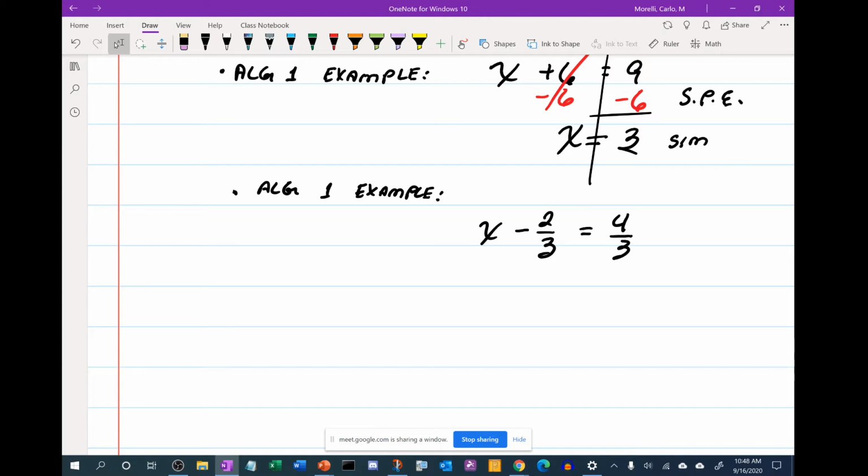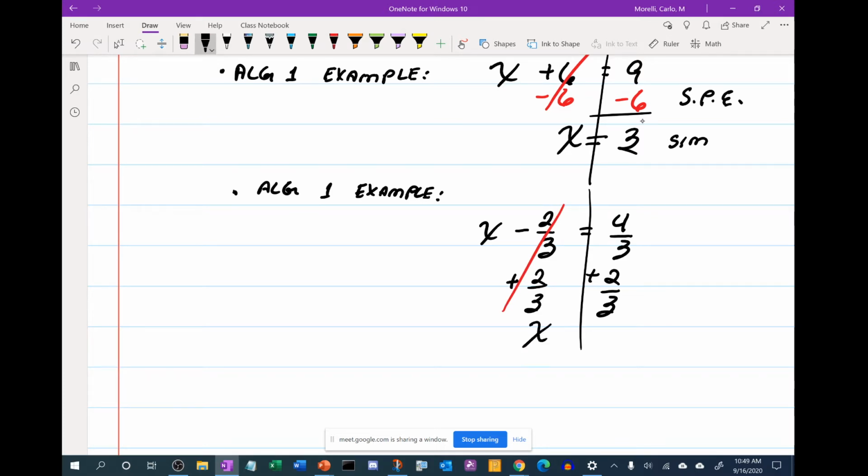So what's the additive inverse of my number in this case? Yeah, positive 2/3. And I want to be in balance, so I'm going to do that to both sides. We can strike this one on the left. These are additive inverses, so they cancel.